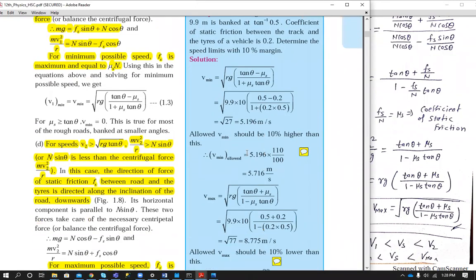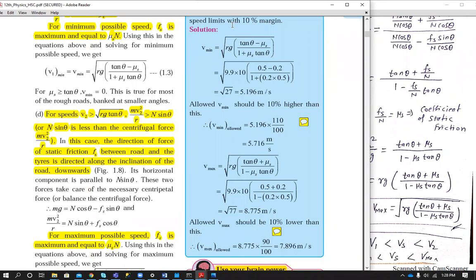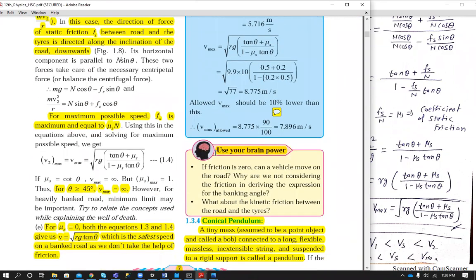There is one line in the book on angle of banking. If your angle of banking is equal to or greater than 45 degrees, then this denominator will come as 0, and as the denominator is 0, the numerator term will be infinity, so V max will come as infinity.